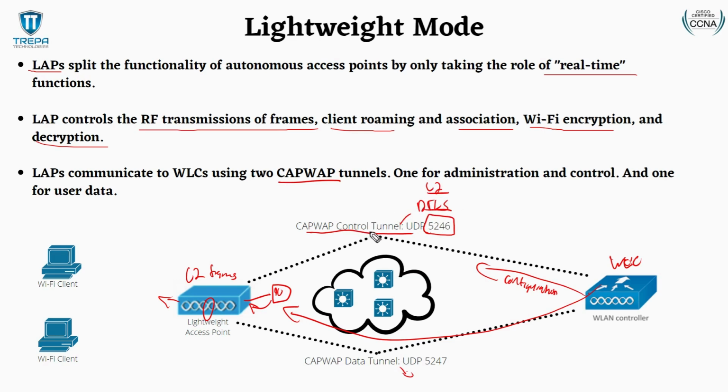And that's because this CAPWAP control tunnel just encapsulates that layer 2 information, so we can protect it using DTLS, which is again just TLS but at a lower layer, not at layer 4, which you typically see with TLS.